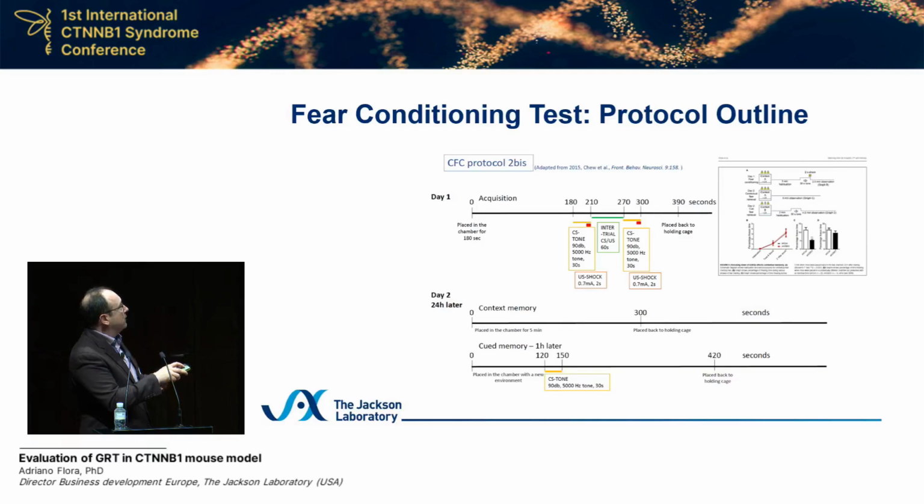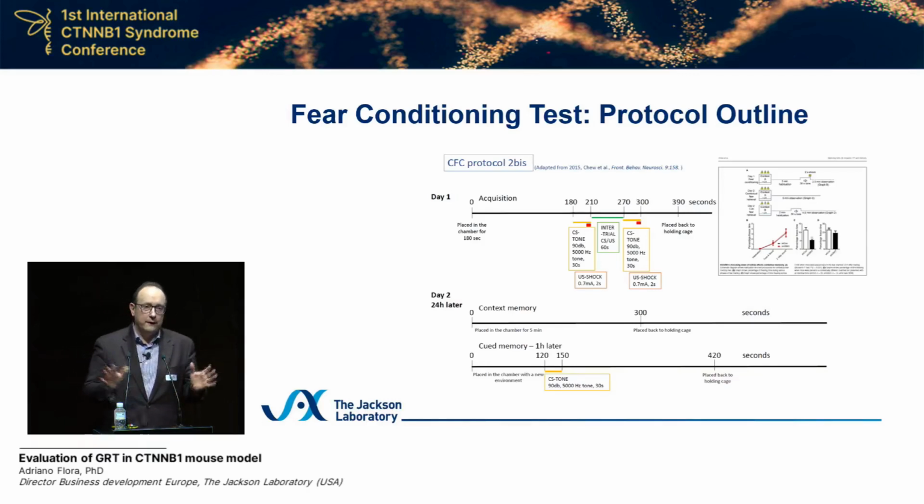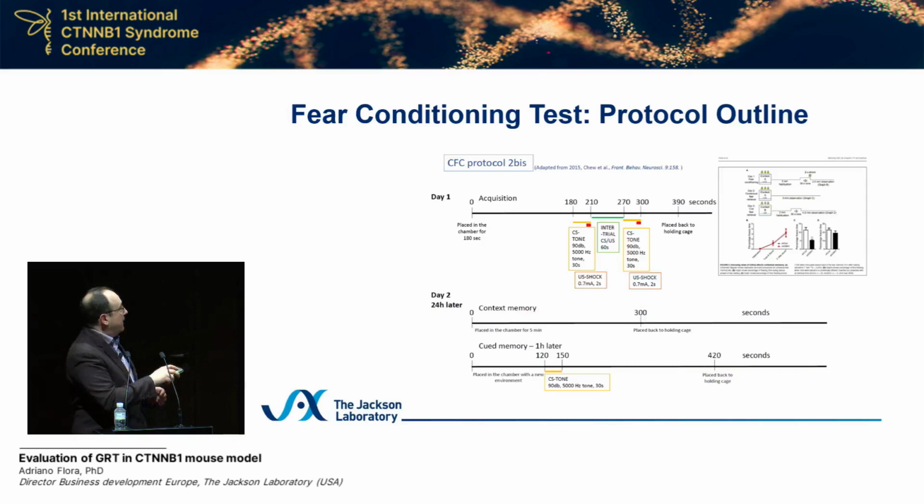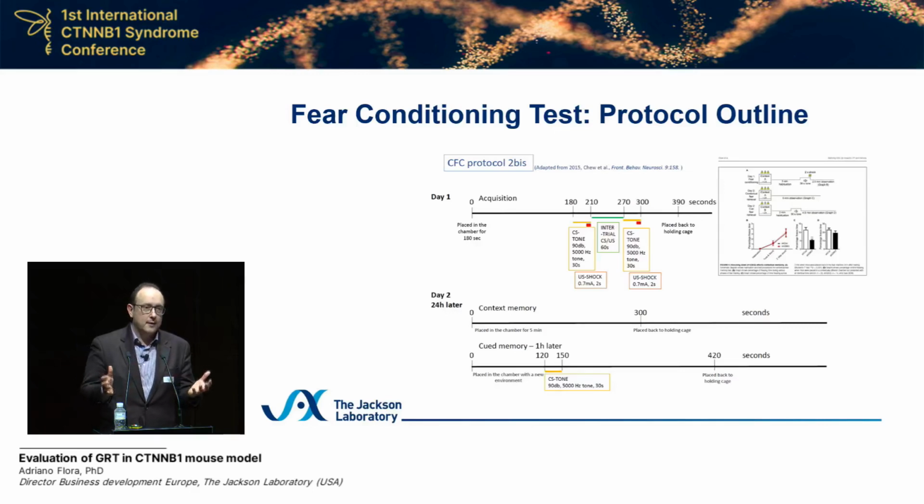Because what we do the day after, we take these mice that have been trained and we put them in the same cage and we don't do anything. We just look for freezing, which is an expression of fear in the mouse. So we leave them for 5 minutes, and they will recognize the cage, and they will freeze because they're scared that something bad will happen to them, even if we don't do anything to them.